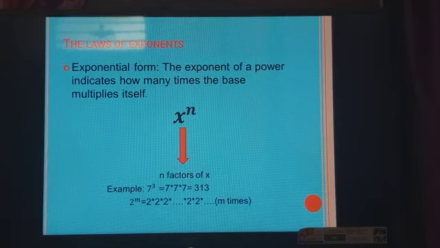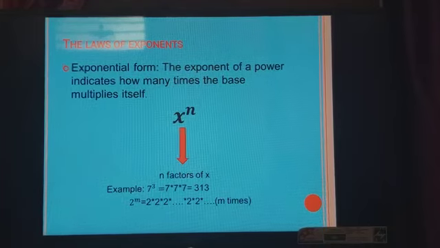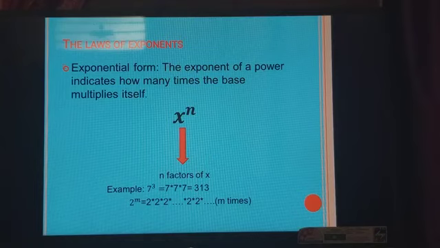For example, 7 raised to 3 means 7 multiplies to 7 multiplies to 7, that is, 7 multiplies itself 3 times. In a generalized way we can write 2 raised to m, that is, 2 multiplies itself m number of times.